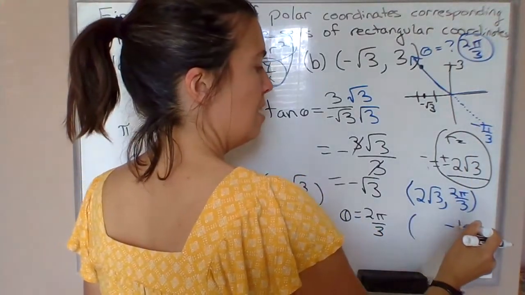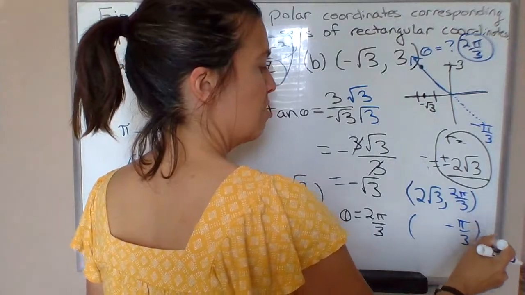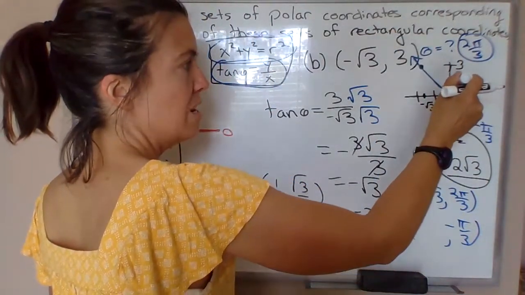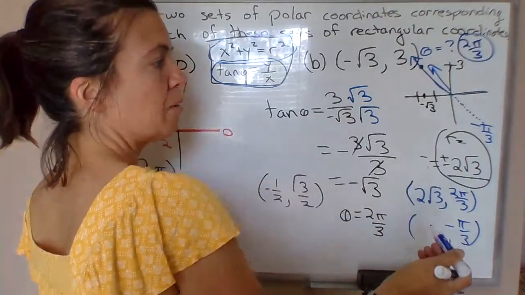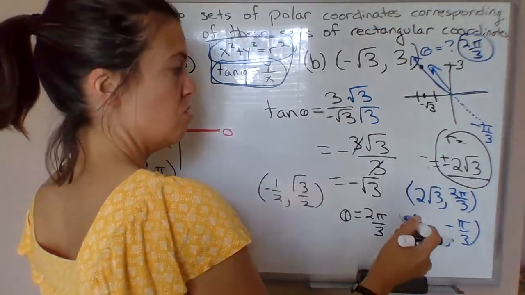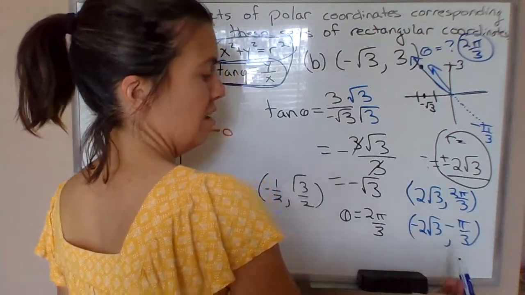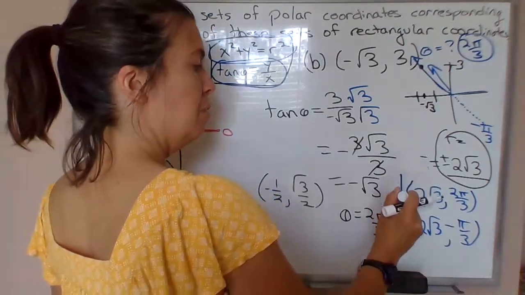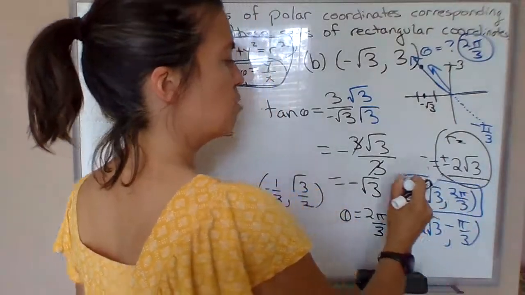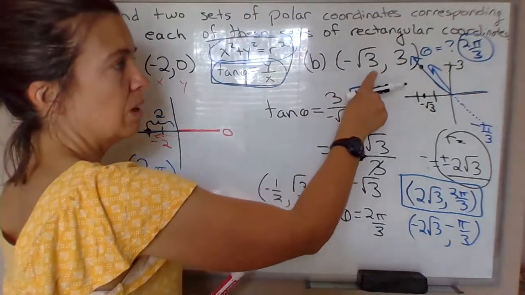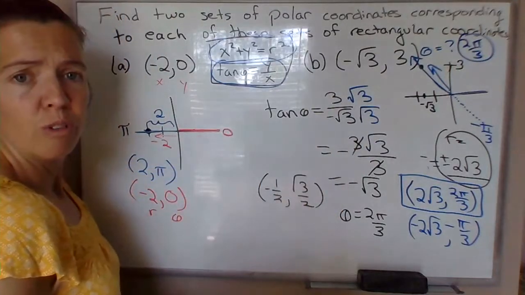So what if I use negative pi over 3 as my theta? I'd have to use a negative r also to move backwards into quadrant 2, so negative 2 square root of 3 as my r. That would work as well. But this is the simplest response. There's a set of polar coordinates corresponding to the rectangular coordinates negative square root of 3, 3.